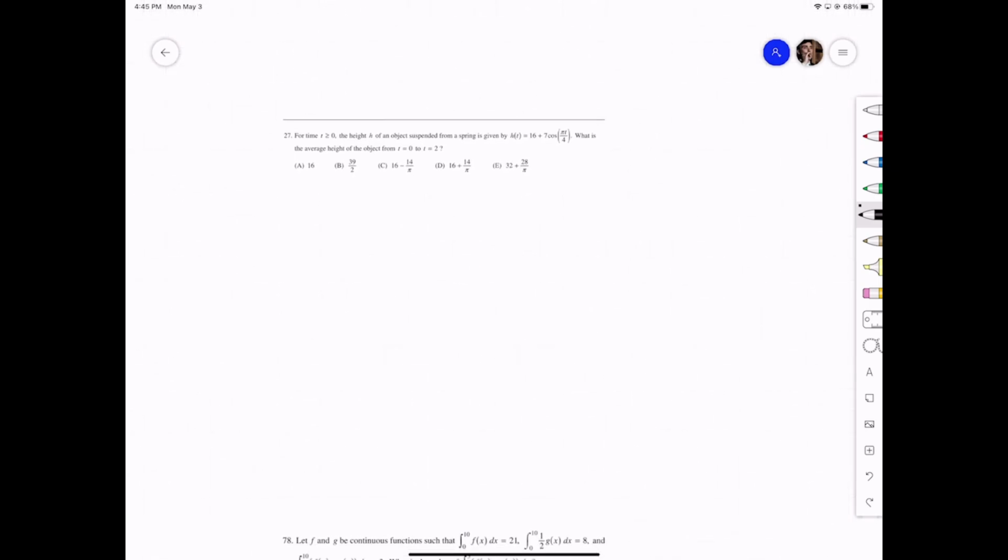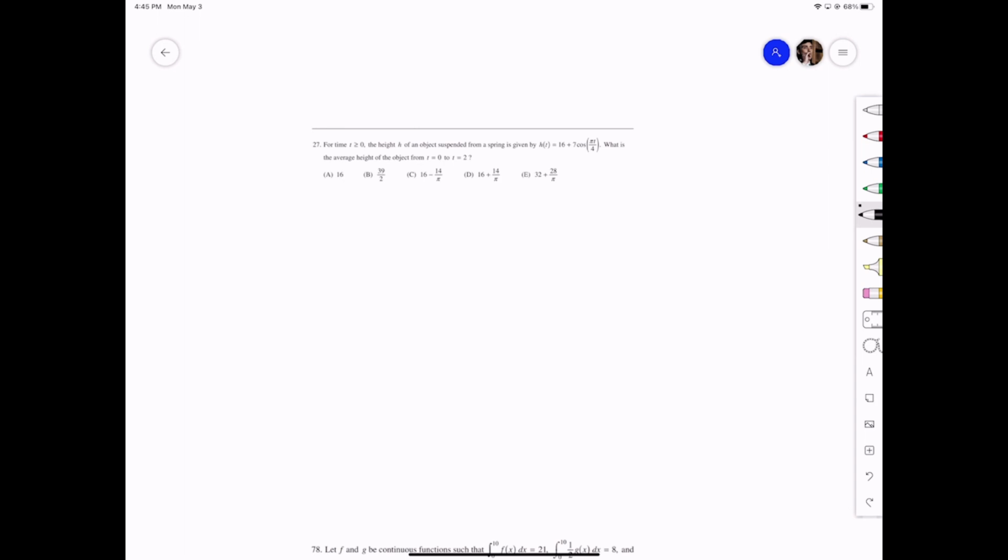An object of height h is suspended from a spring is given by h of t equals 16 plus 7 cosine pi t over 4. What is the average height from 0 to 2? So average height is 1 over 2, 0 to 2 of the height.